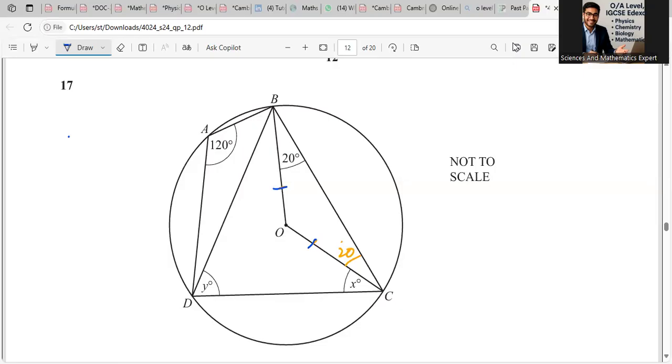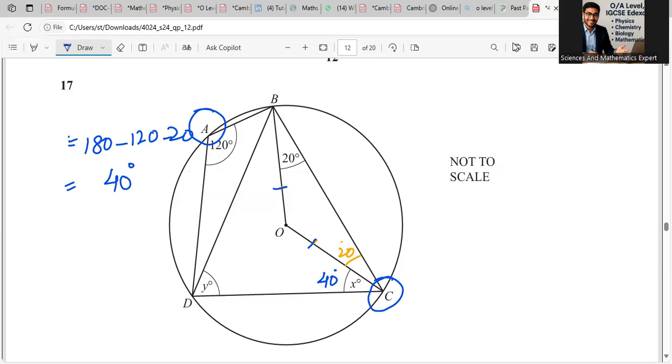This is 20, and opposite angles A and C of the quadrilateral whose all vertices are touching the circle, opposite angle sum is equal to 180. If I subtract 180 minus 120 minus 20, then it will give me 40 as my value of x. So x is 40 degrees.